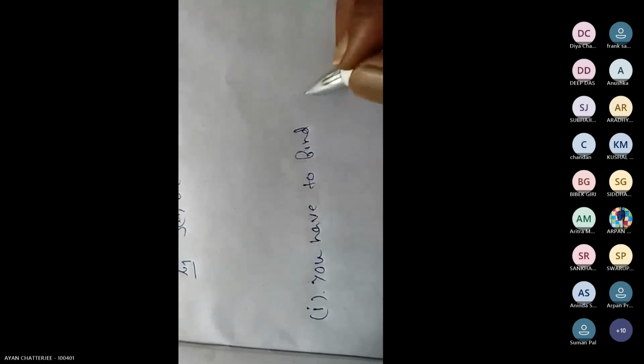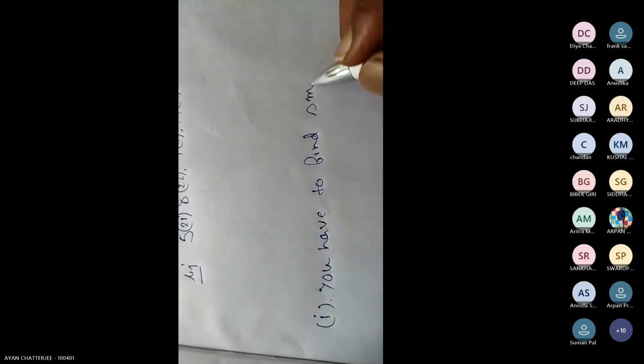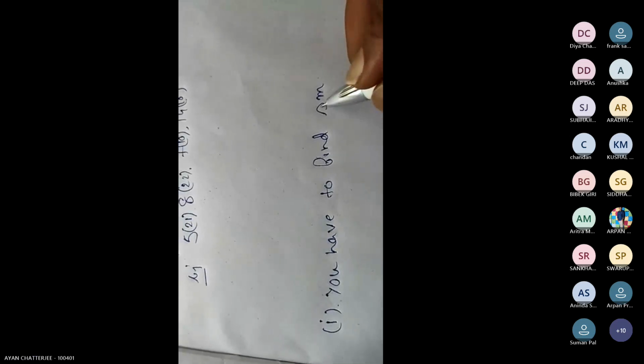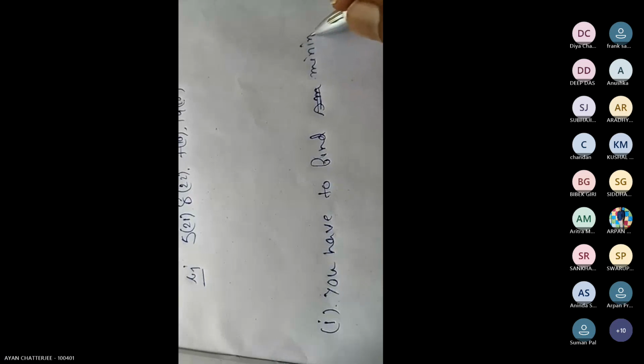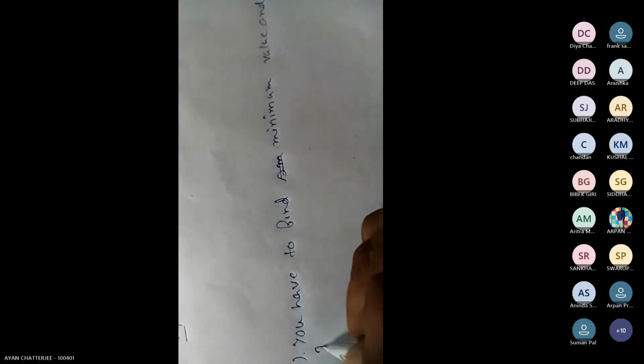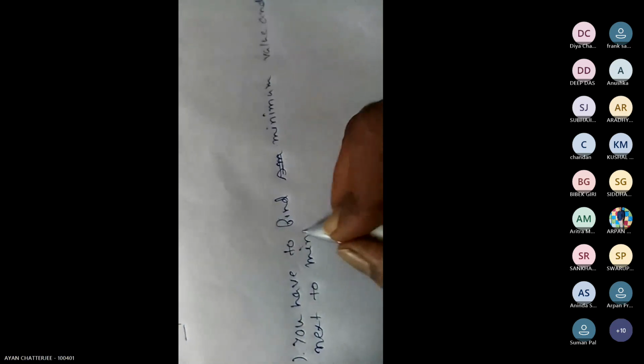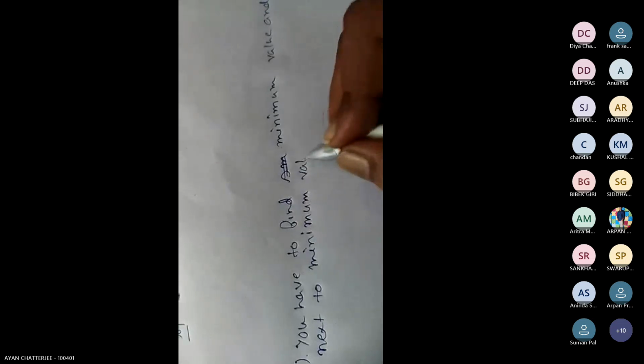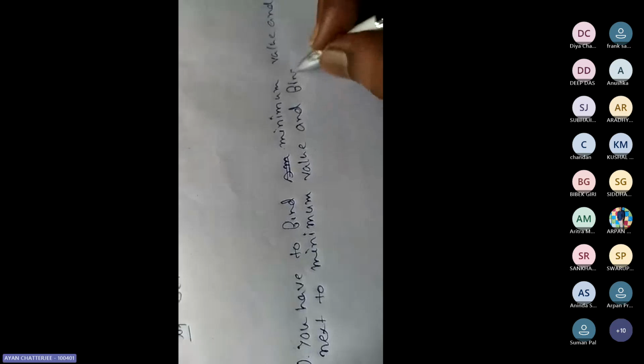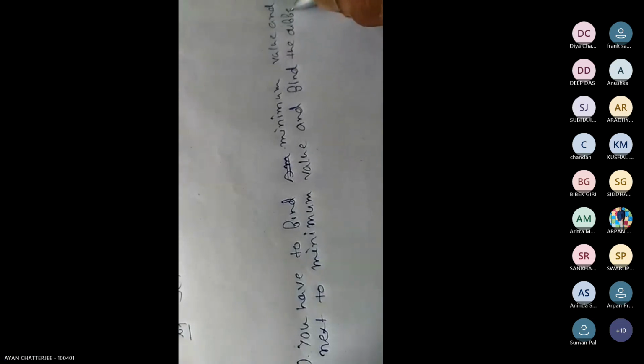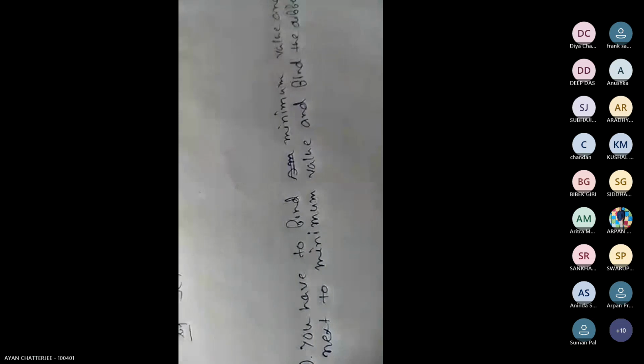Next, first you have to find the smallest or minimum value and the next to minimum value, and find the difference. Find the difference. Okay.